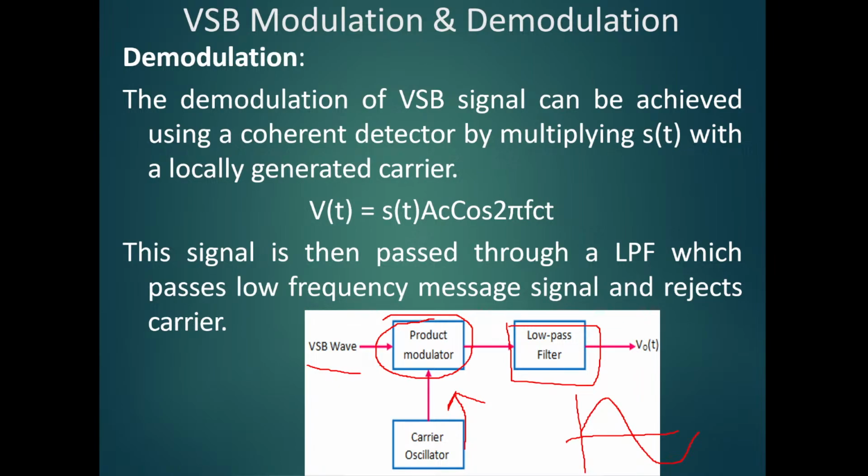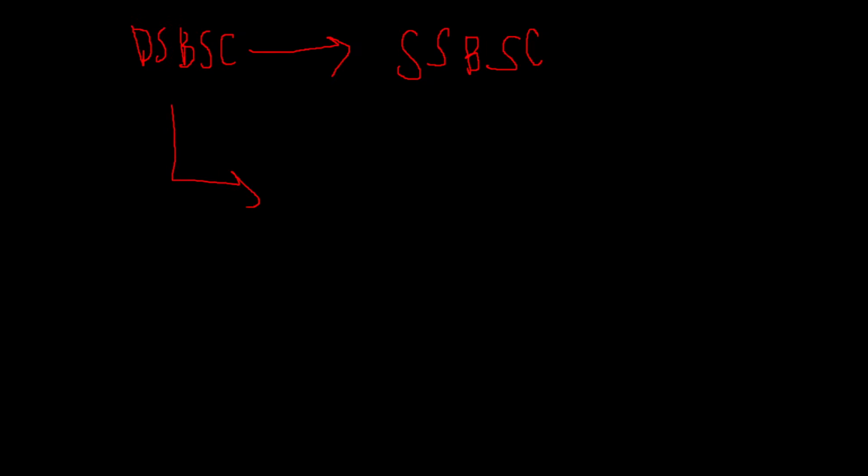So what did we study till here? We have seen how a double sideband suppressed carrier signal is produced. Then using the same principle, we have seen how a single sideband suppressed carrier is produced, its modulation and demodulation. Then again, using the same DSB-SC signal, when it is fed to a passband filter, DSB is produced.